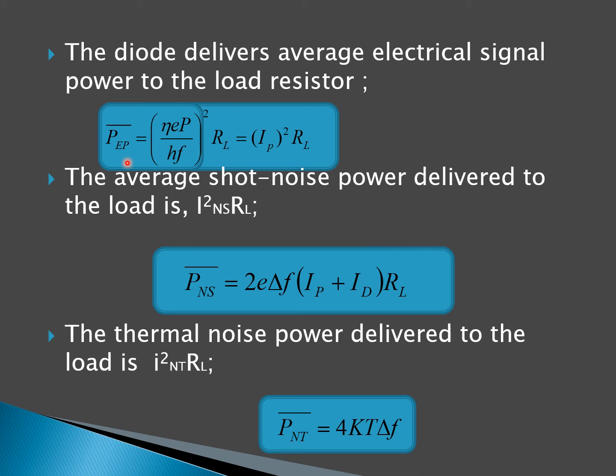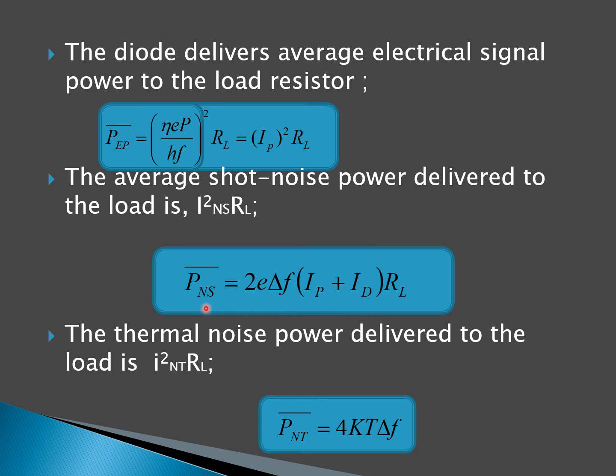For average shot noise power delivered to the load, it is given by I squared R_L, P equals I squared R. So from this formula, the shot noise is I squared for shot noise times R_L, where I squared is the mean squared shot noise.